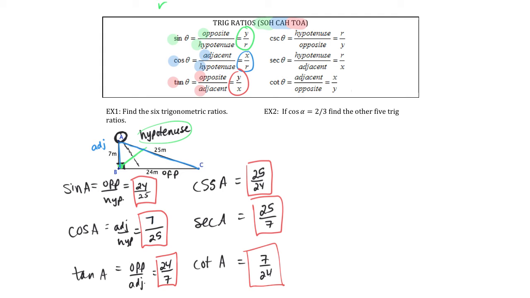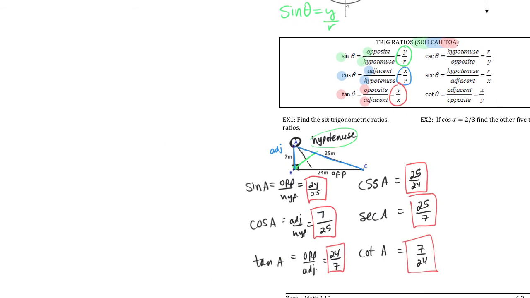But just be careful, because if I had said find all the trig ratios of angle C, it would have been quite different. The hypotenuse doesn't change, that's always the diagonal. But now we've got two lines creating angle C. One of them is the hypotenuse, the other one is adjacent.